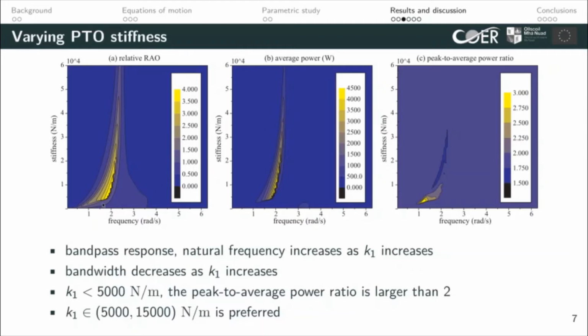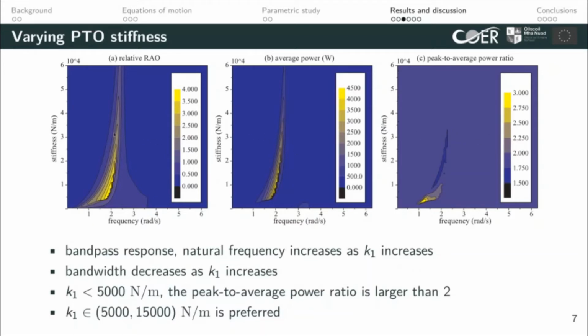The bandwidth increases first and then decreases sharply. We can also see that the peak to average power ratio is influenced by the occurrence of the impacts, especially when the stiffness is small.